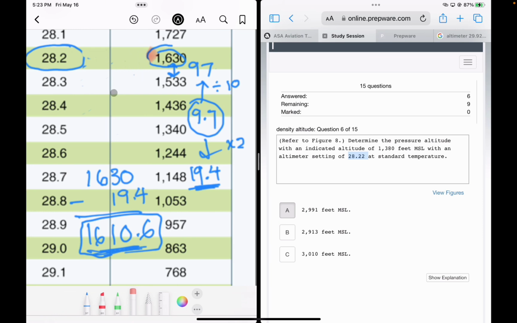To interpolate, just find the difference, divide that by 10, and then take the last number, which is 2, get that, and either add or subtract depending on if the numbers are going down or up. And I hope you remember at least that.